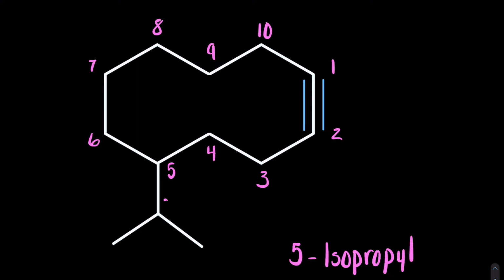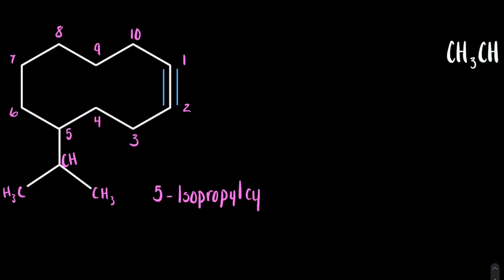It's an isopropyl group. We have a CH right here, and then we have CH3s on each end. 5-isopropylcyclodecyne. We don't put a number in front of the yne because we assume that it's on the first carbon atom because there are no other substituents. And the isopropyl we numbered as 5.